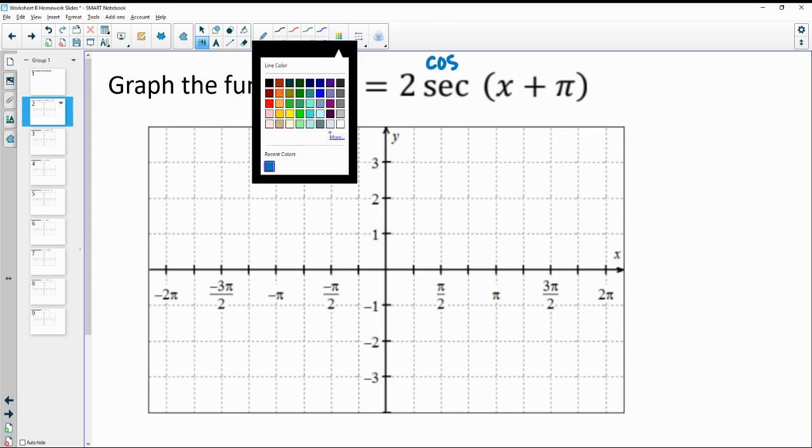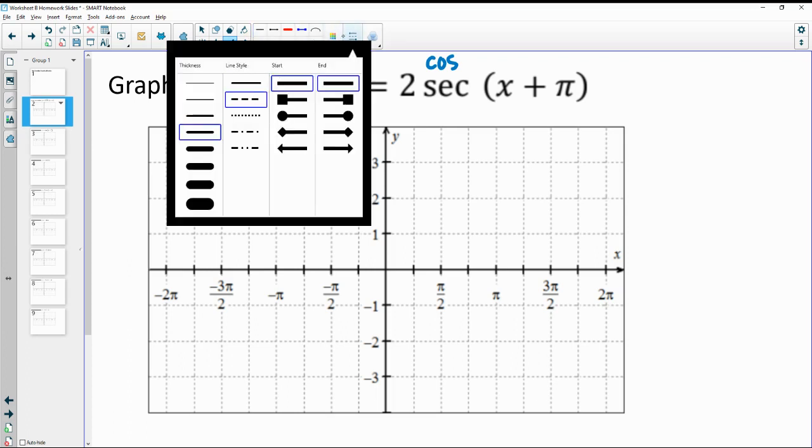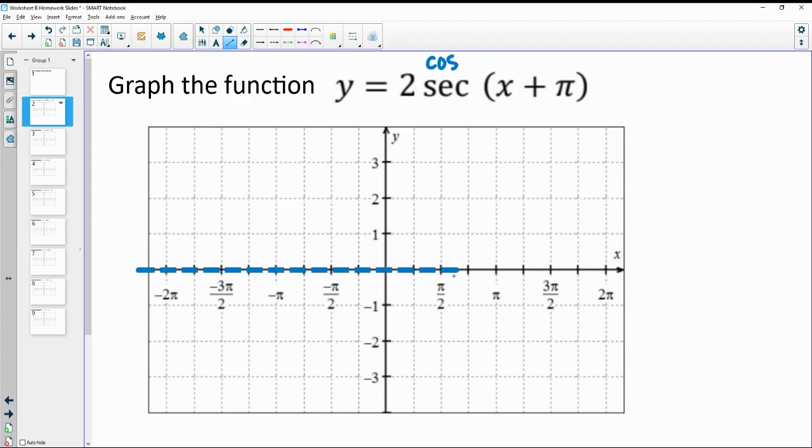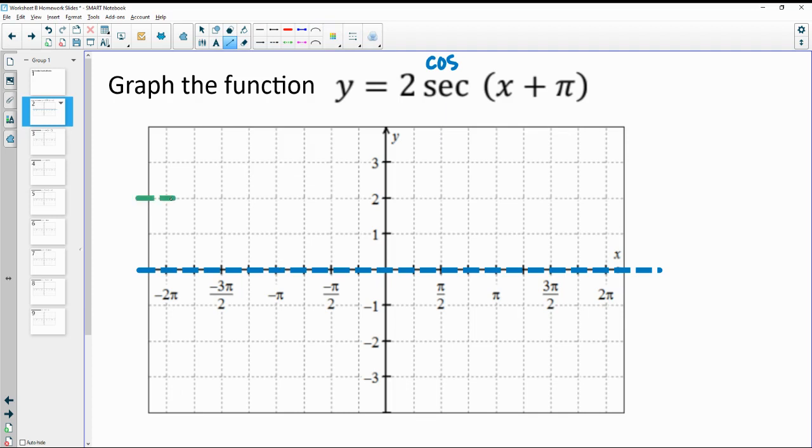So we've got an amplitude of 2. We've got no vertical shift. So let's draw in the midline here. So our midline goes with our vertical shift, which is none. Our amplitude is 2. So we're going to have the amplitude lines going 2 above and below this midline.